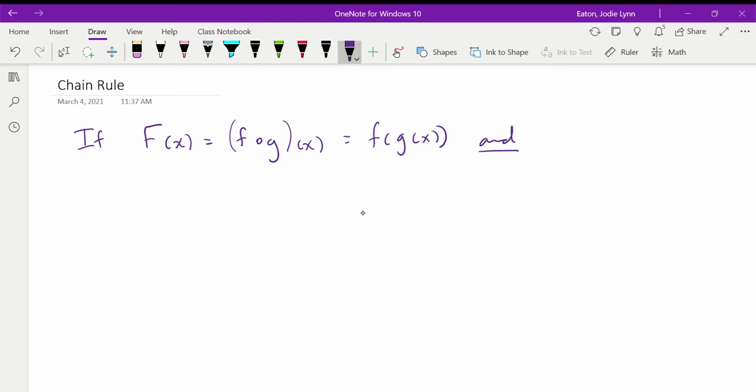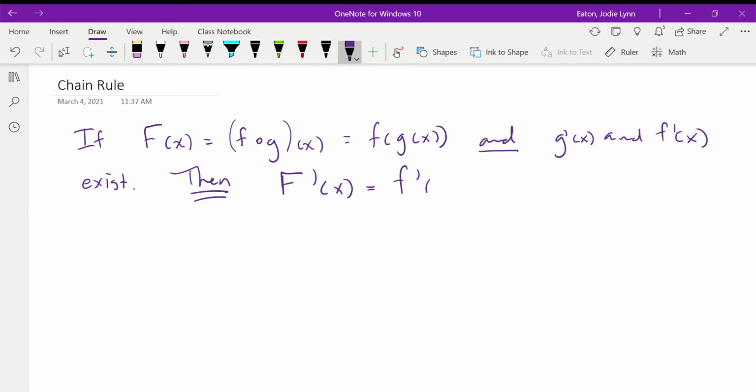And g prime of x and f prime of x exist. Then big F prime of x equals little f prime of g of x times g prime of x.